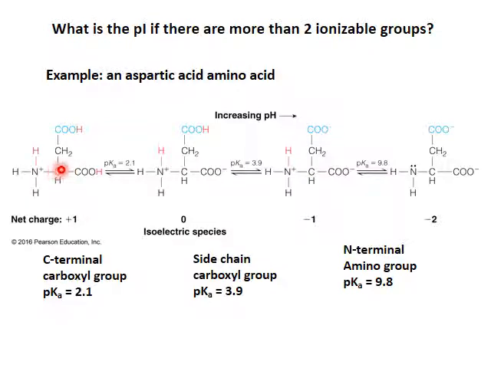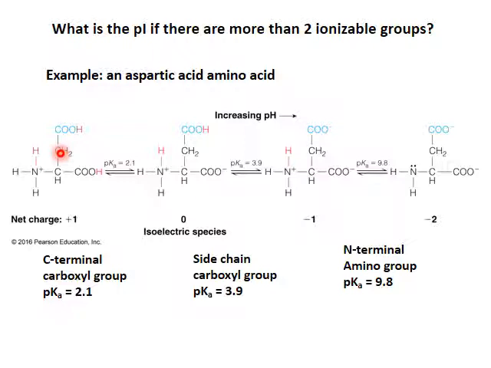In glycine, the side chain was just a hydrogen. Here, in this case, it's a CH2COOH, so it has another carboxylic acid group. So you have 3 titratable protons. So now it's 3 like phosphoric acid. So you expect to have 3 pKa values.